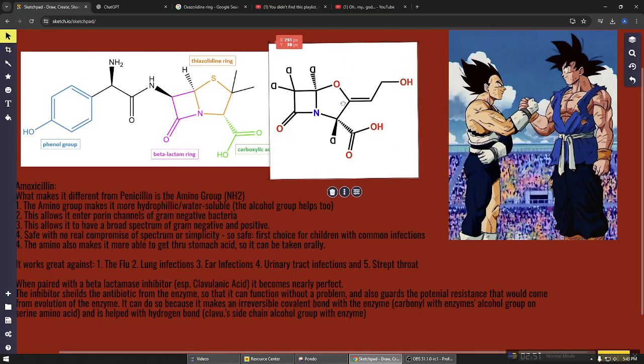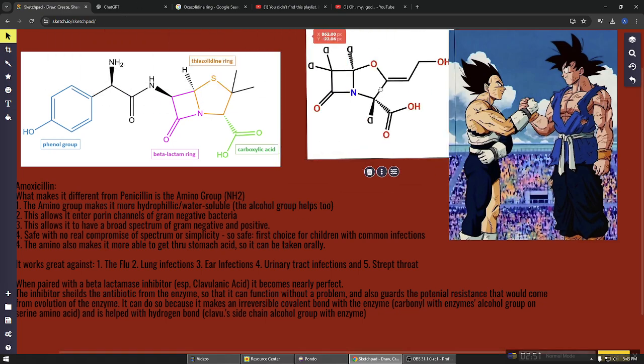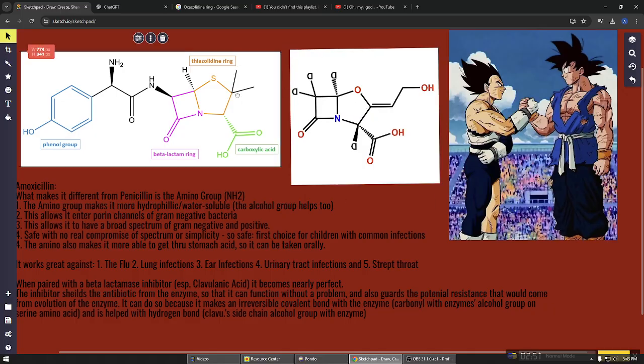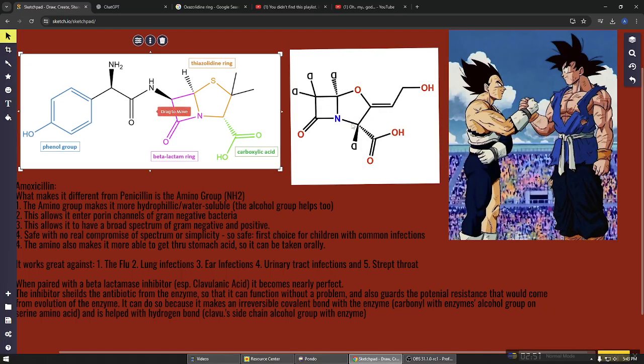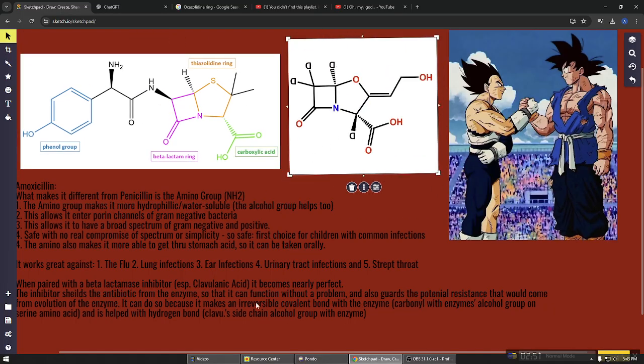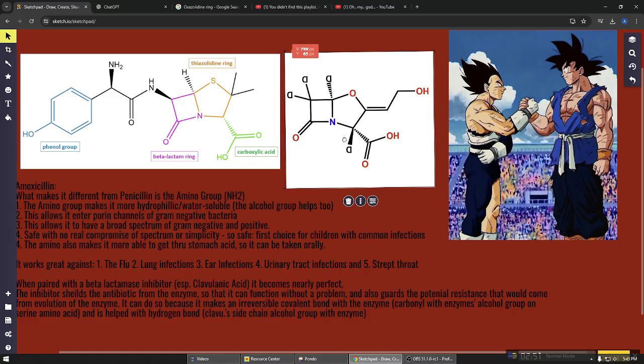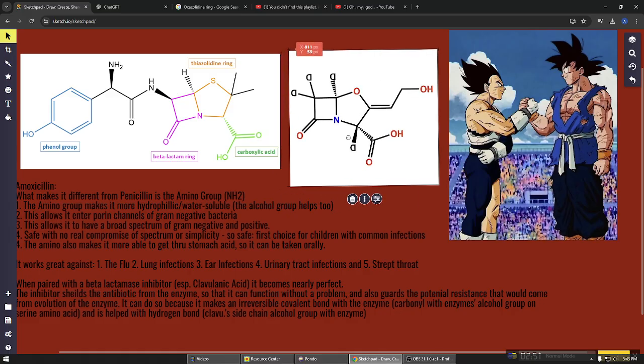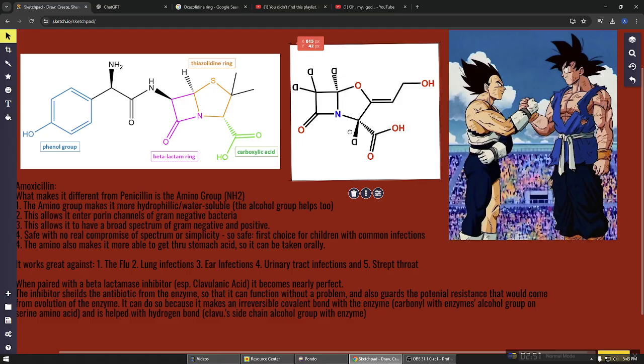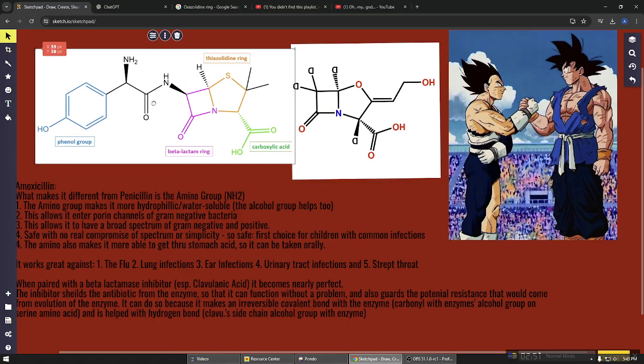It keeps it covered. It backs it up. It covers the enzyme all around it. So Augmentin is really important. These two combined are really important. And also, this eliminates the potential for the enzyme to adapt, evolutionarily make mutations, right, and adapt to take this one down.